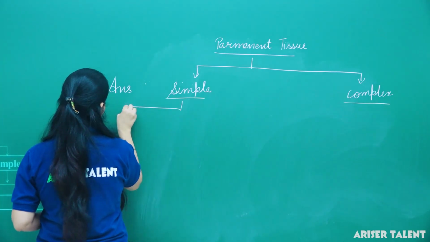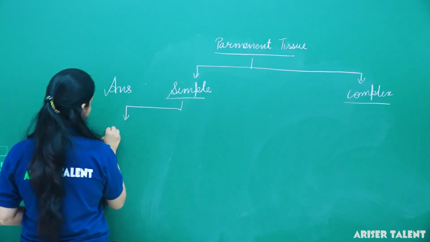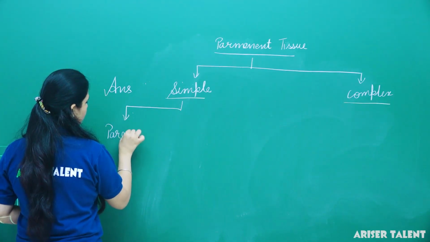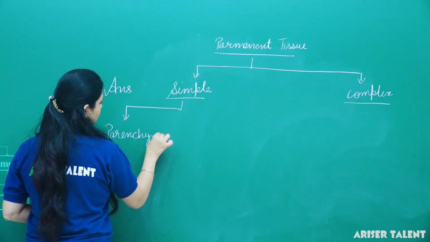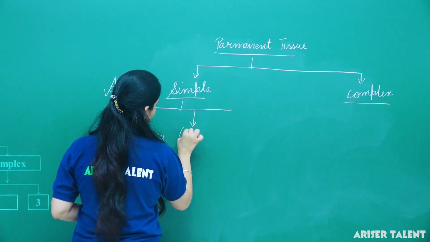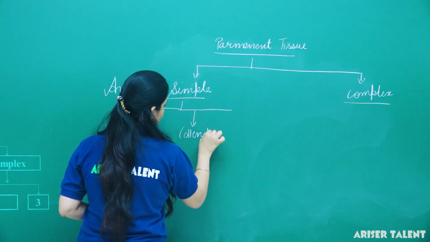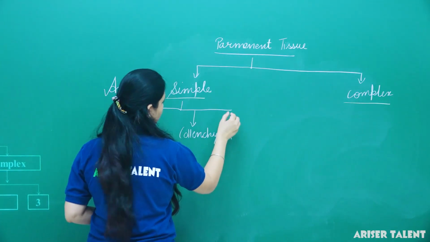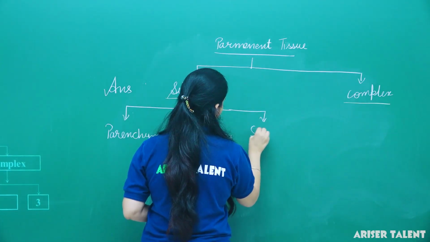Simple permanent tissues are again of three types: parenchyma, collenchyma and sclerenchyma.